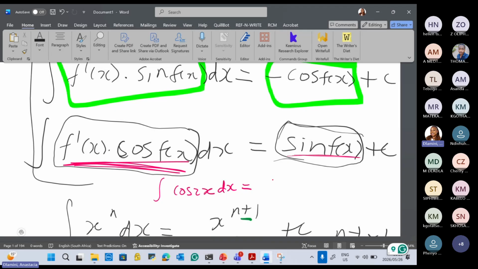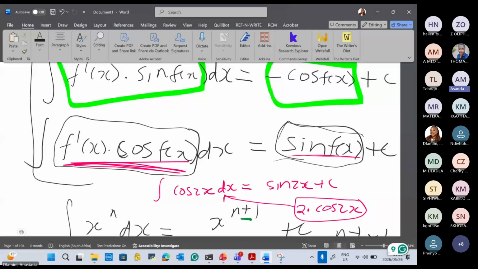If we write here sine of 2x plus c and differentiate sine 2x, do you agree that we end up with 2 times cos of 2x? Do you see that, guys? Yes, ma'am. So this is not this, isn't it? Yes. So meaning that it's only this part.